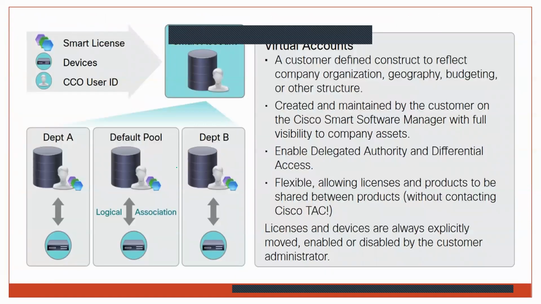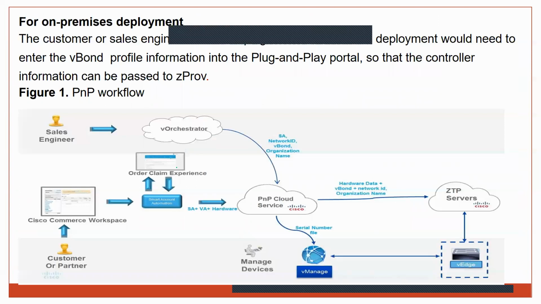Okay, now you can come. So you're logging into the PNP portal, right? So we are inside the PNP portal and inside your virtual account. Then how it is happening, you can see here in the slide. You have your smart account. Any network engineer can log into the PNP portal with a smart account.